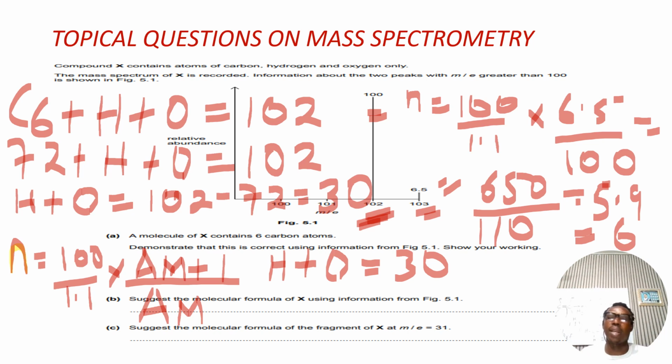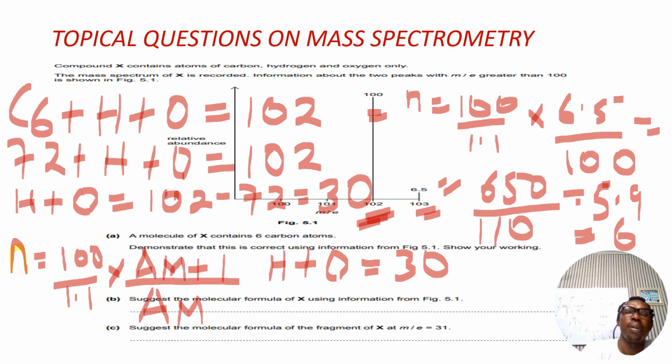Then we assign to oxygen. Oxygen has a relative atomic mass of 16, not 15, 16. Hydrogen has a relative atomic mass of 1. So 30 minus 16, we have 14 left.